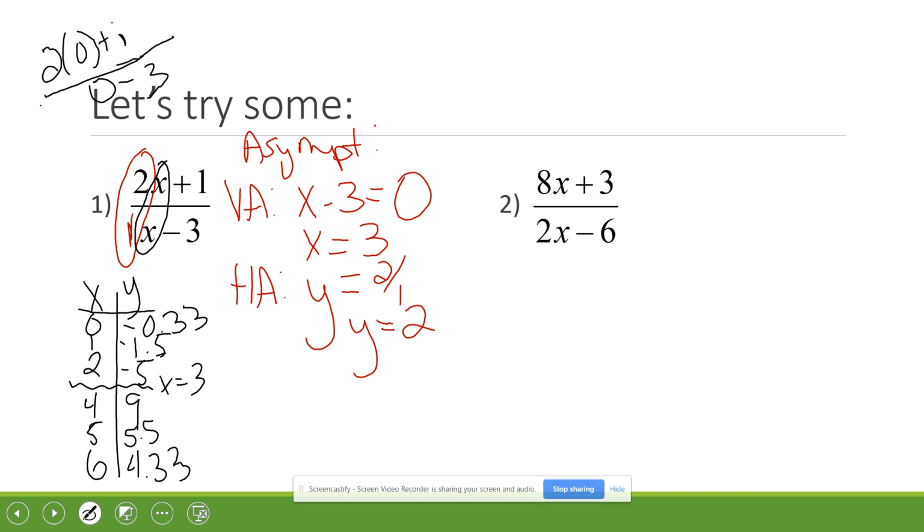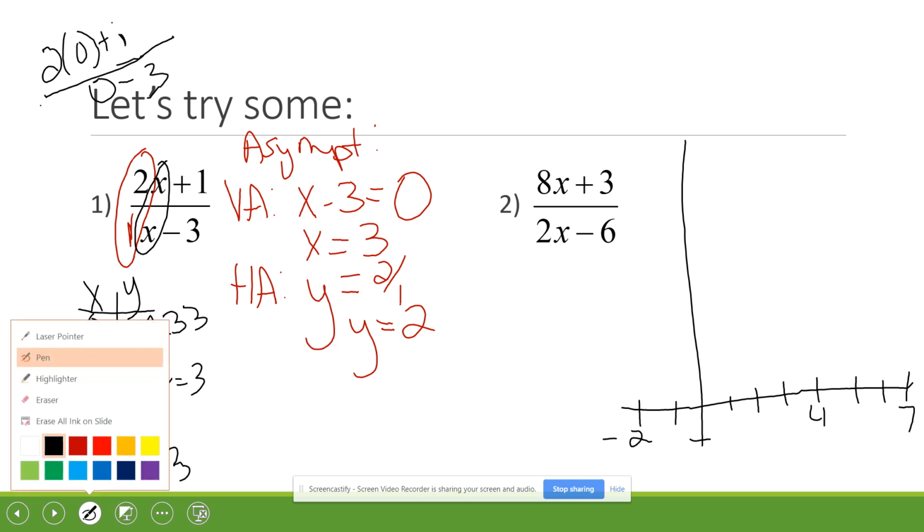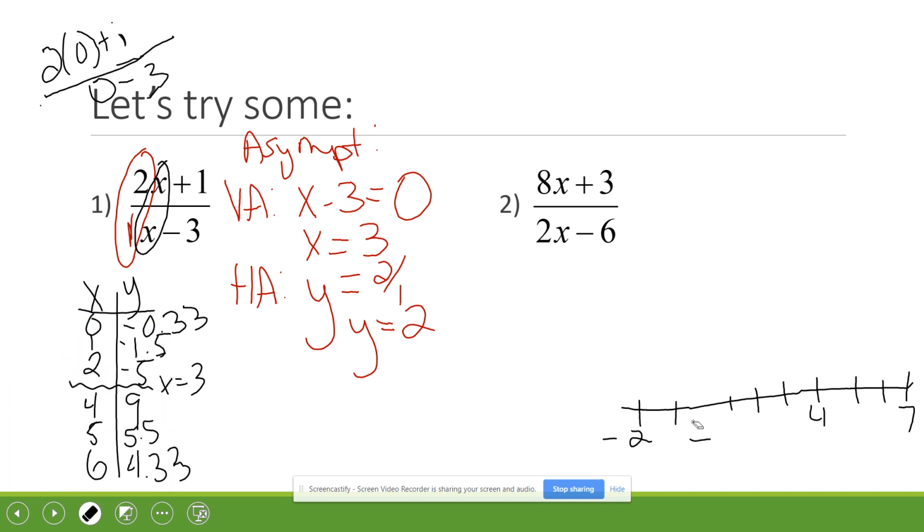So my graph is going to be kind of big. Oh, I need to fix that because I need to go down further.